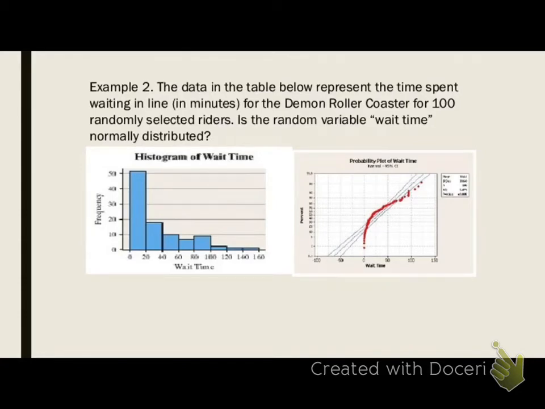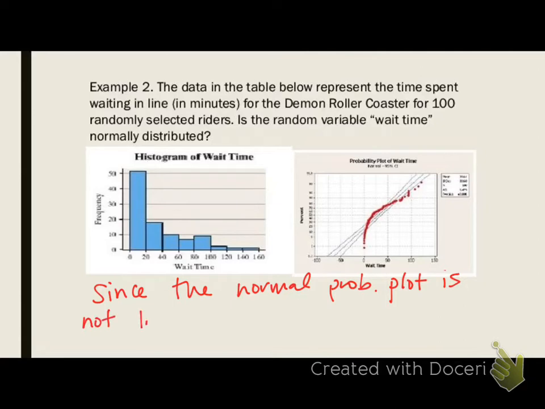Is the data normal or not? No. It's right skewed. Since the normal probability plot is not linear, the data is not normal.